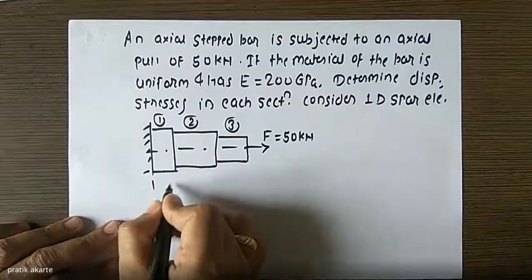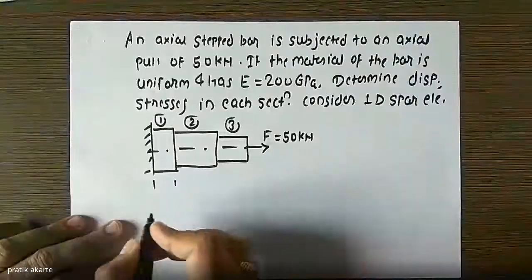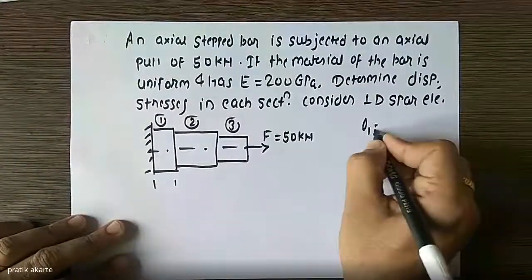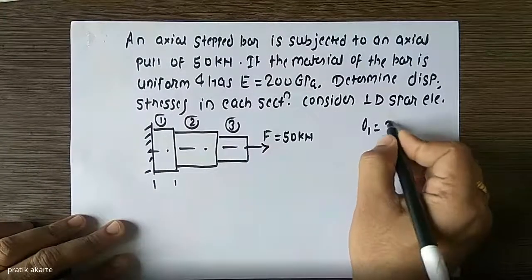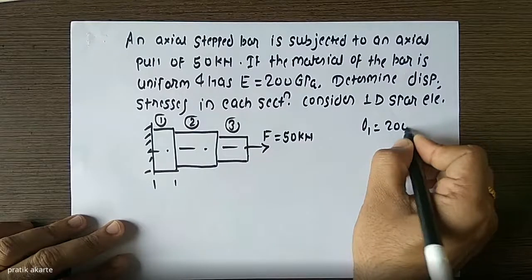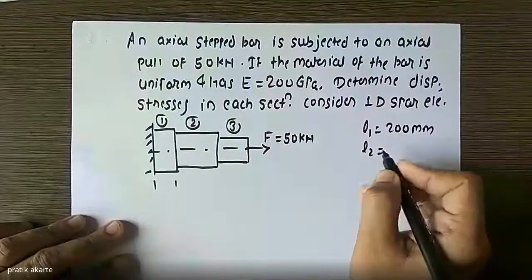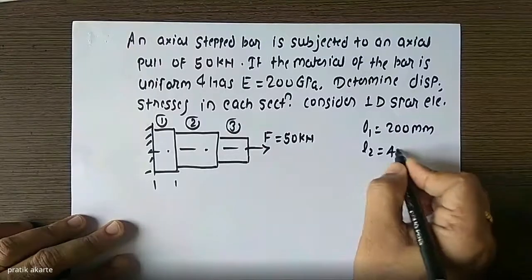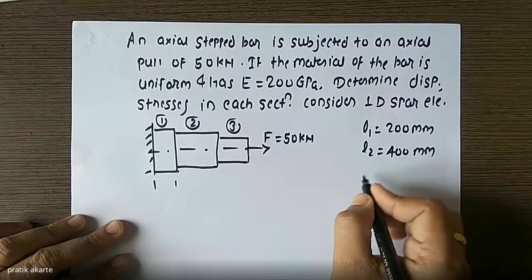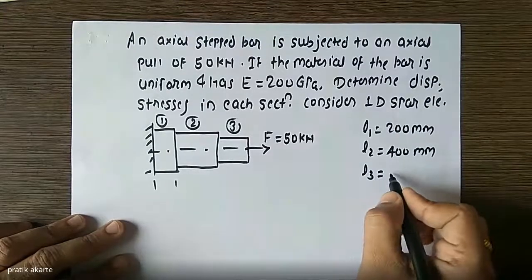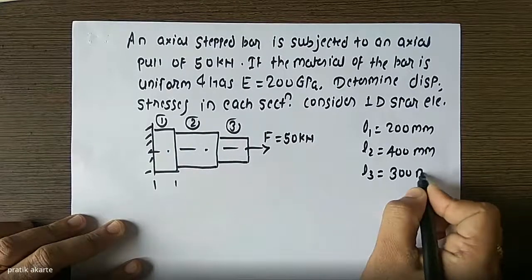The lengths are given: L1, the length of the first element, is 200 millimeter, the length of the second element is 400 millimeter, and the length of the third element is 300 millimeter.